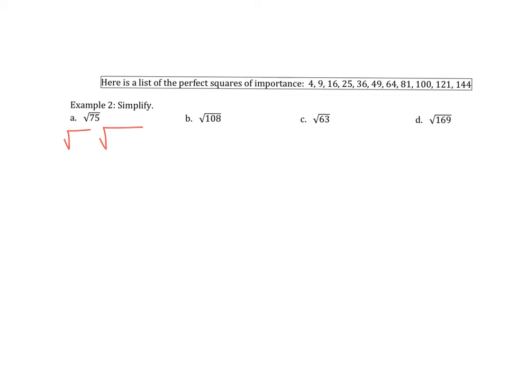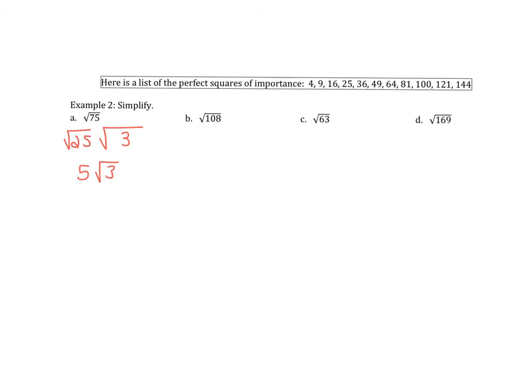And we are going to put the perfect numbers in one of them and the non-perfect in the other. And you only get to leave the house if you are perfect. So we're going to simplify square root of 25, which is 5, and square root of 3 gets stuck inside because they're not perfect.